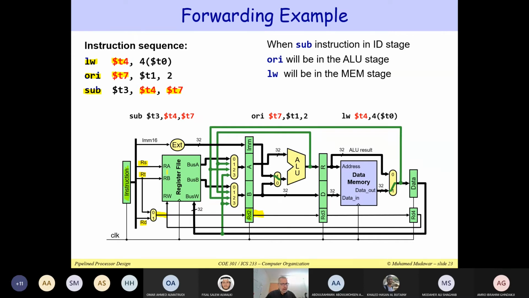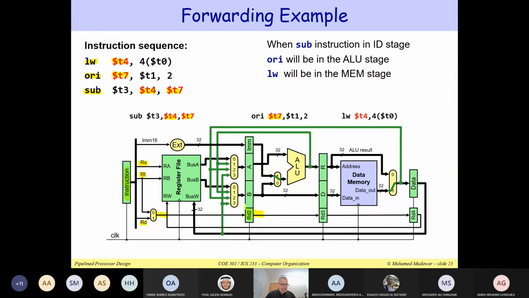So RS in this example is T4, RT is T5. But what is RD2? T7. Yes, thank you. It is the destination of the previous instruction, which is in the ALU stage. Because when the or immediate was in the second stage, already we have determined that its destination is RT, which is T7.